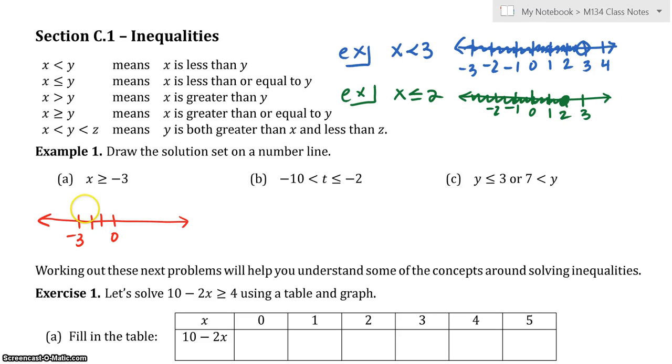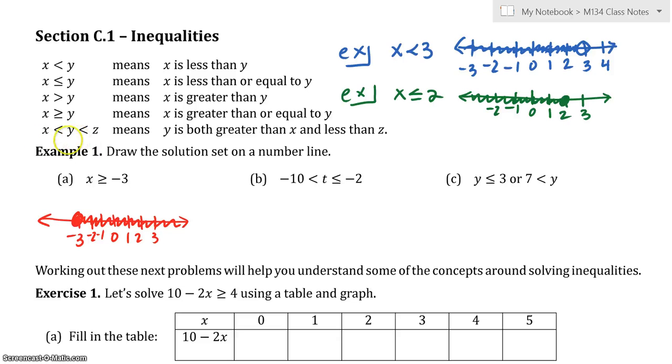Well, believe it or not, -2. I'd rather be 2 in the hole than 3 in the hole. So -2, -1, all these values, and the positives, obviously, 1, 2, 3. So I'm just going to shade everything, and again, I'm going to put a solid circle just as a notation to say that -3 is included.